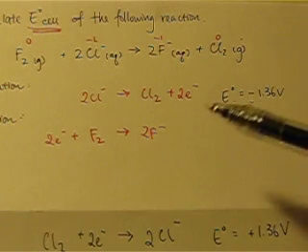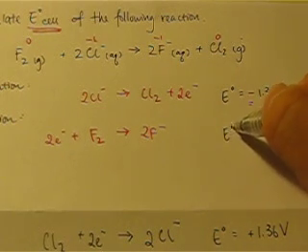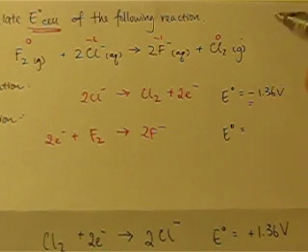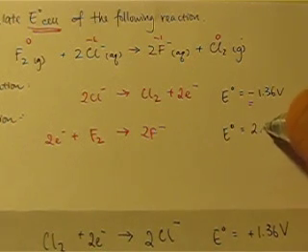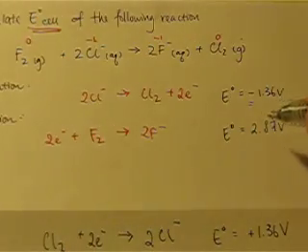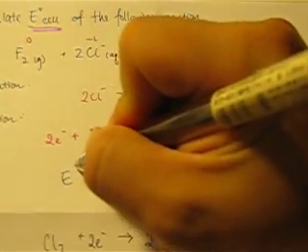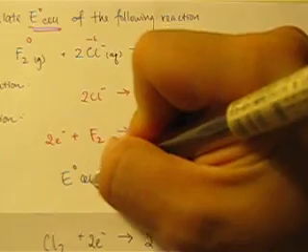Second one, fluoride, I will see the same form, and what I'm going to do is just copy down the value. It is 2.87 volt. Okay, and so after we get these two values, what I do is use a formula to calculate it.